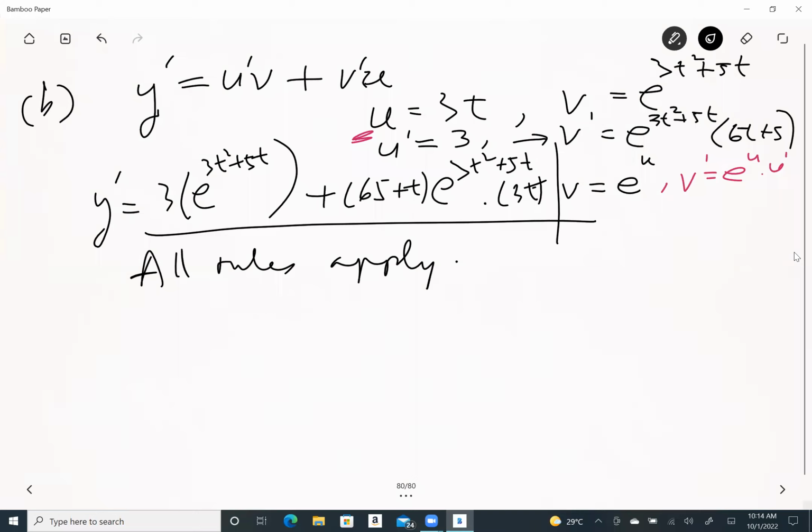Okay. Now application. Look at example number 4. What do we have? You have the compound interest problem, future value.